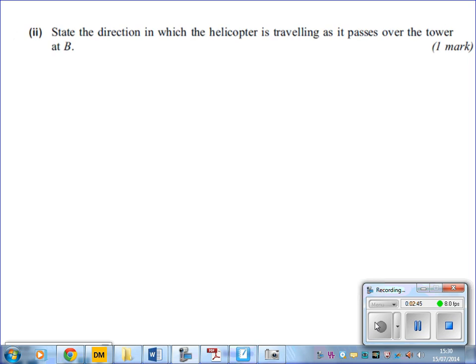Right, part 2. State the direction in which the helicopter is traveling as it passes over the tower at B. So when it's passing over the tower, we worked out that v is (0, 7) meters per second. Okay, so this suggests that when it's passing over tower B, it is due north because there is 0 in the east direction.